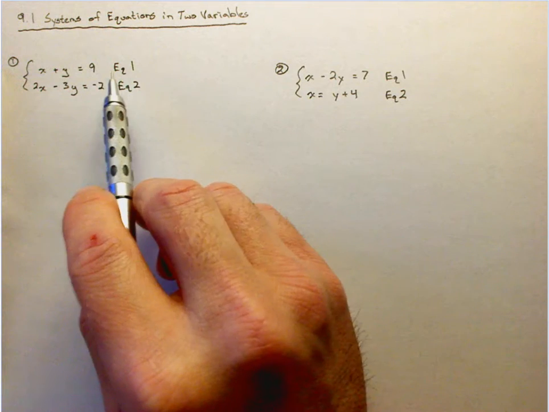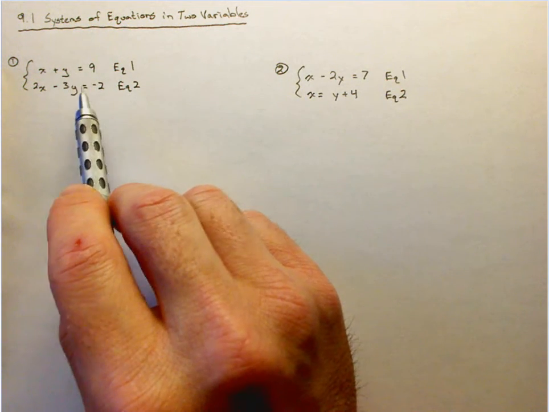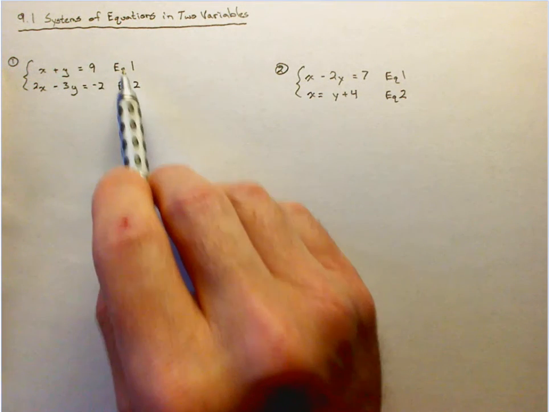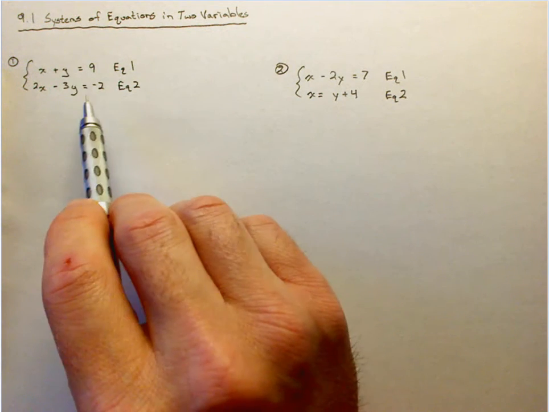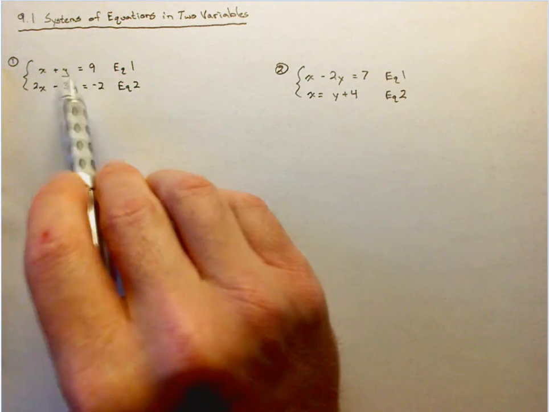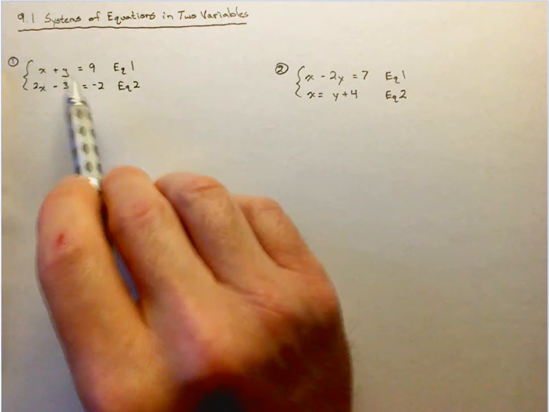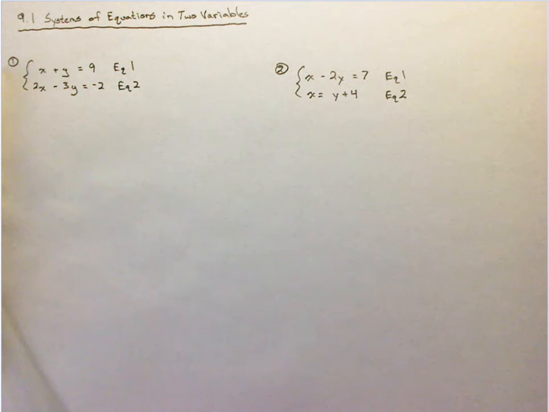So when using substitution, I'm not going to rewrite in y equals mx plus b, slope-intercept form. I'm simply going to pick equation 1 or equation 2, whichever is easier to isolate a variable by itself. Well, equation 1 is. I can simply move one of the variables over. With equation 2, I do that, and then I have to divide by something. I end up with fractions, and I would rather not do that.